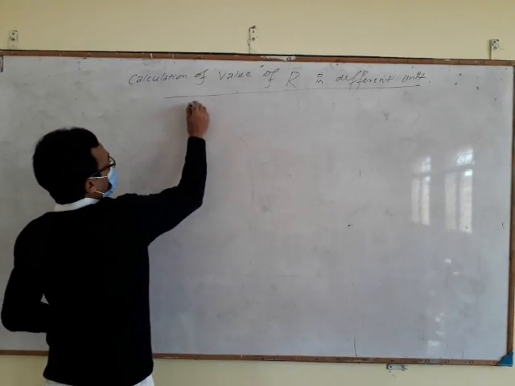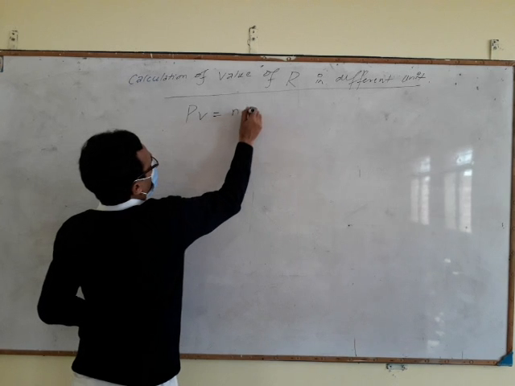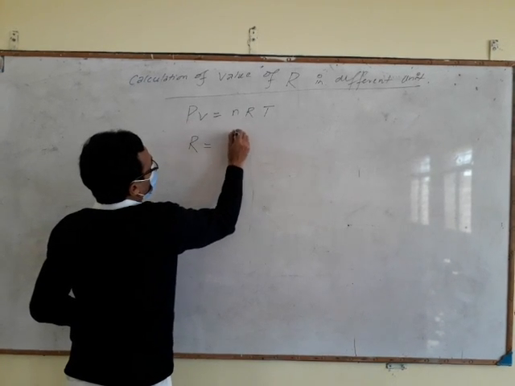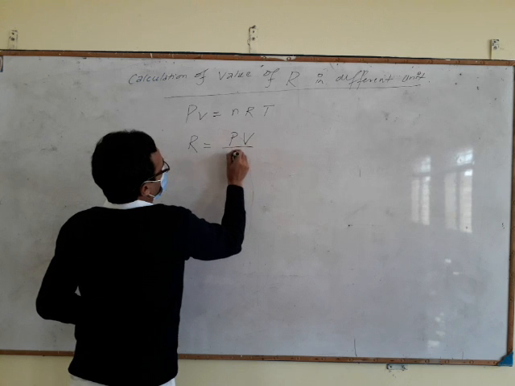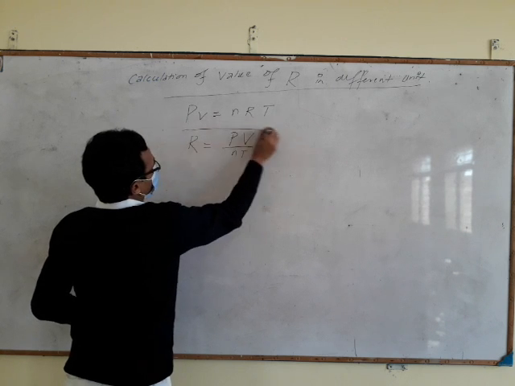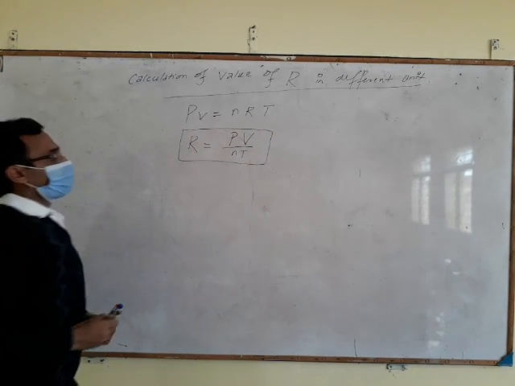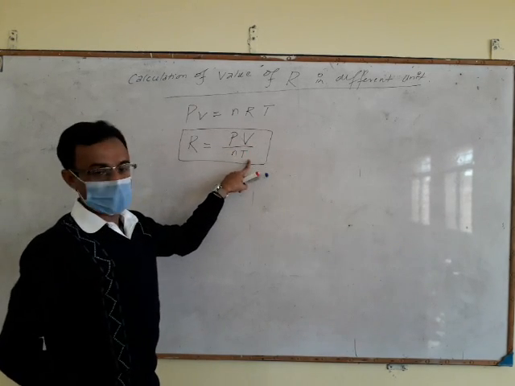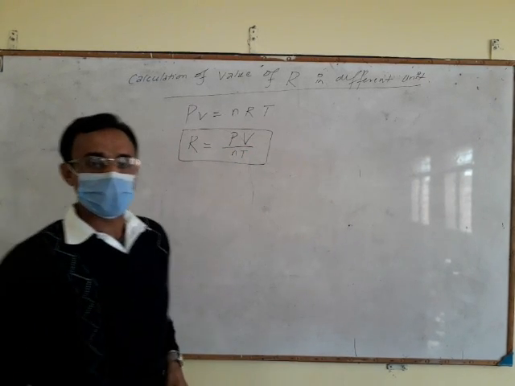We know that PV is equal to nRT. R is equal to PV by nT. So if we put the values of PV and nT, then we can calculate the value of R.